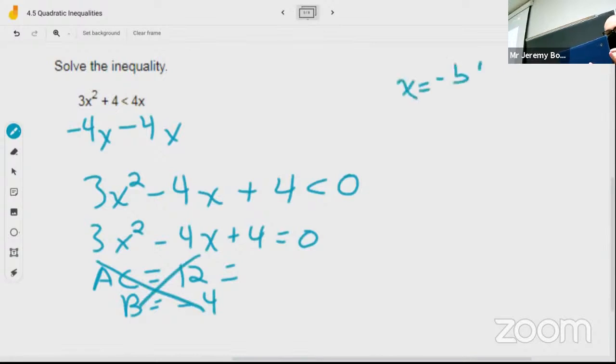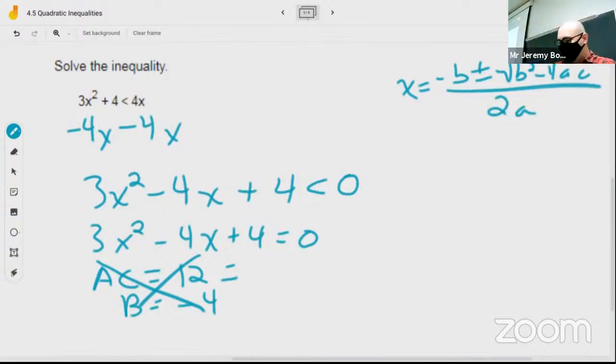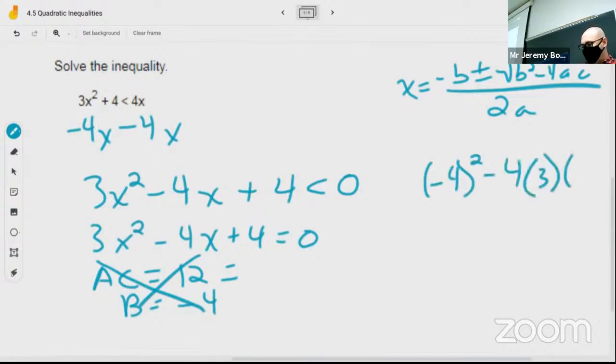Quadratic formula: negative b plus or minus the square root of b squared minus 4ac, all over 2a. And let's look at the discriminant first. So that's going to be negative 4 squared minus 4 times 3 times 4. Ooh, look at that. So 16 minus 48, is that right?